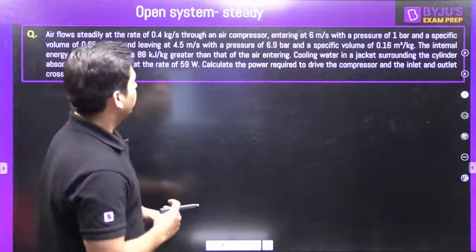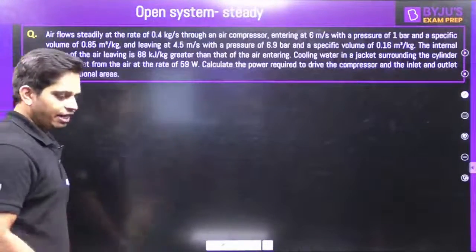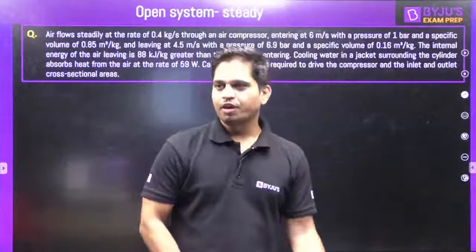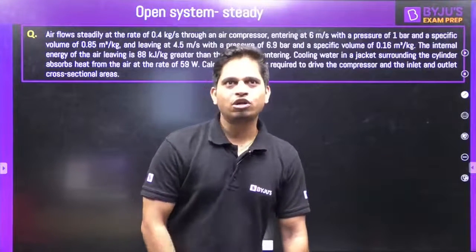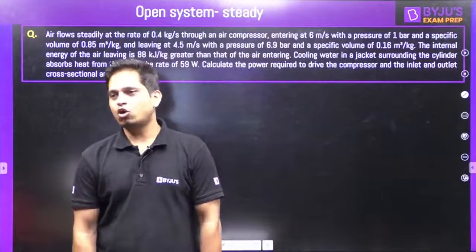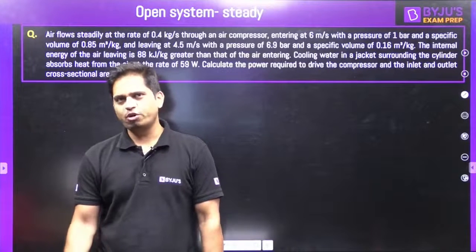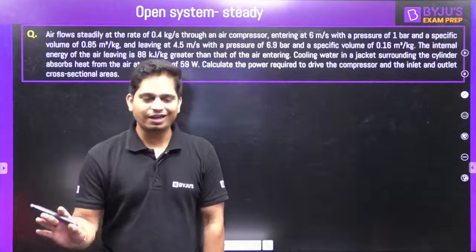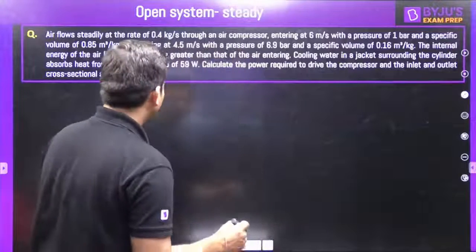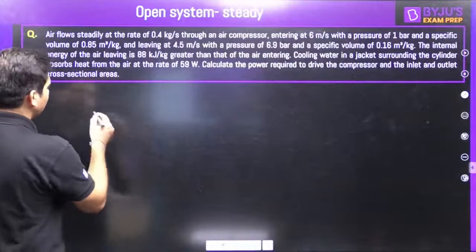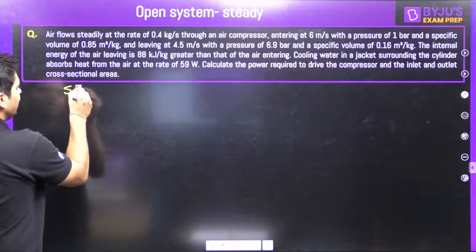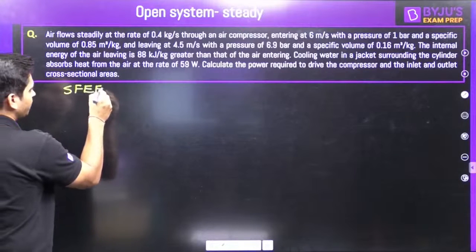Just I'll very quickly give you the idea, so you try it again. Because area you can calculate. I don't think inlet and outlet area is an issue. Work could be an issue. Very quickly I'll tell you what you can do. So you write the steady flow energy equation.